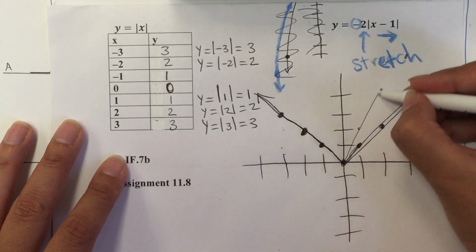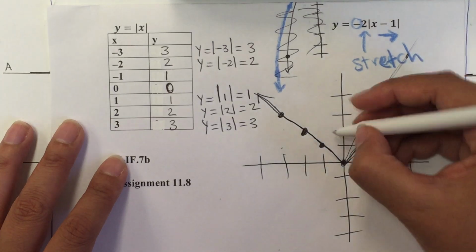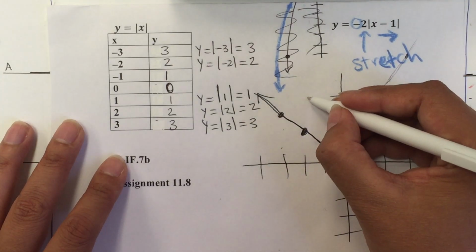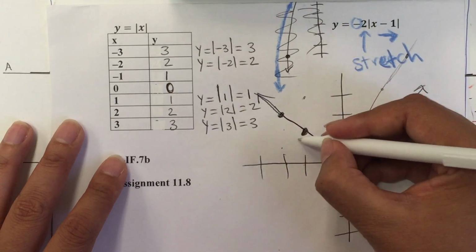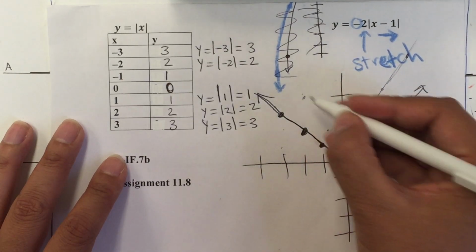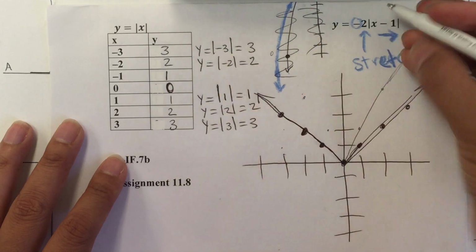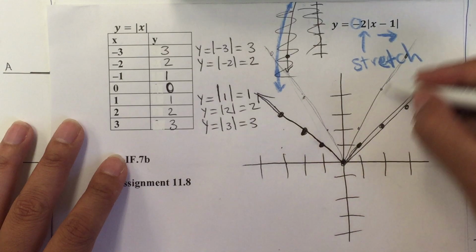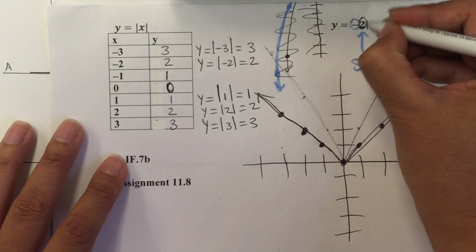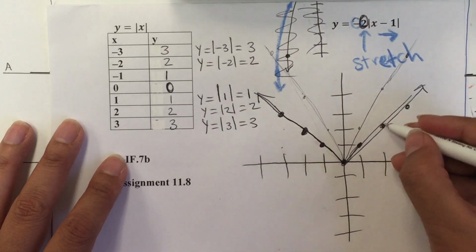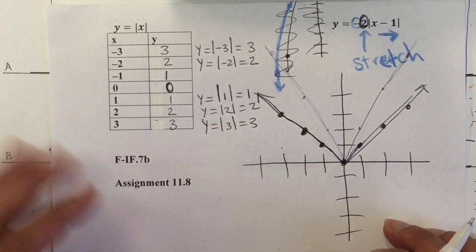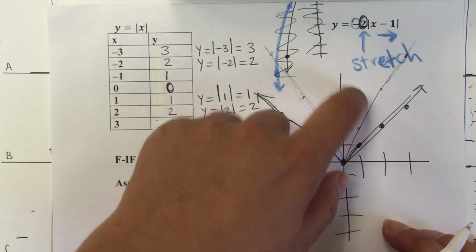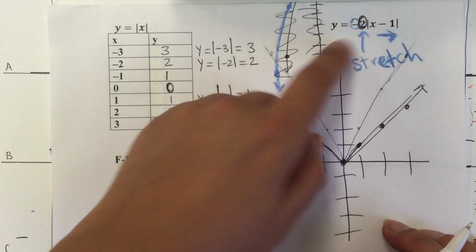So my new graph will go something like this, and I'm not pressing hard because later on, instead of being a 2, it's going to be a 4, the 3 a 6. Okay, so that's not my real one. I'm still just doing the stretch, just the 2 right here. I multiply by 2, meaning I double it for y. And stretch, then it says mirror it.